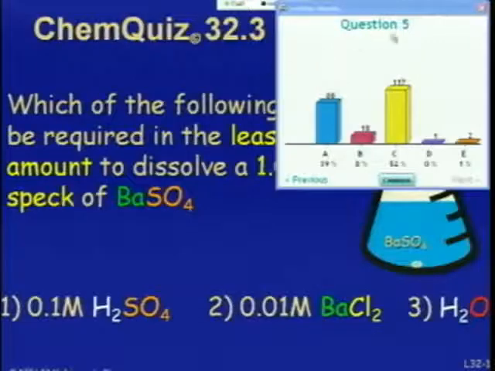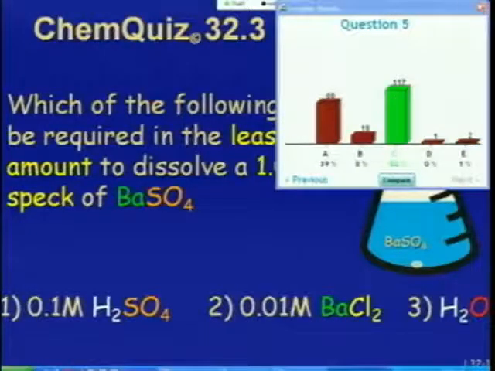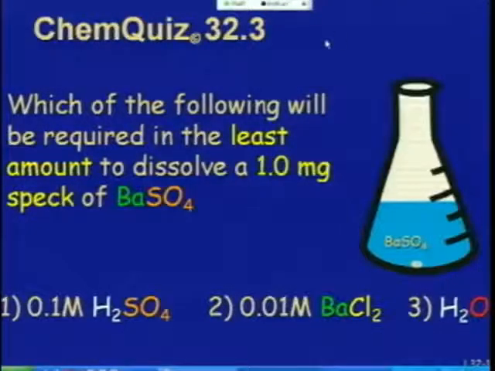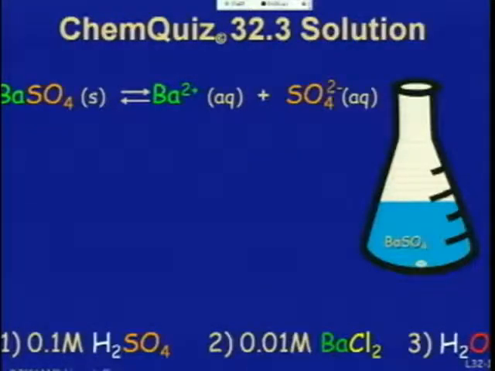Okay, so, but some of you know it. Why don't we go with C, okay? So the ones with C understood the common ion effect, or they should play the lottery today, because they are lucky. All right, so we have this equilibrium, with barium and sulfate in equilibrium, and the constant is very, very small.